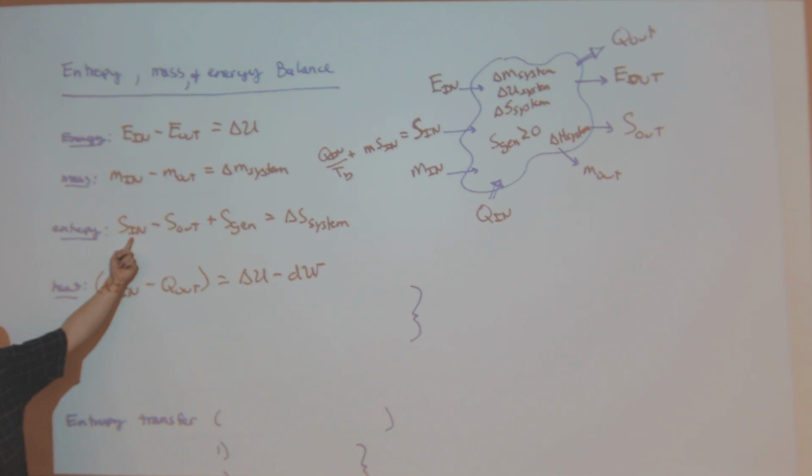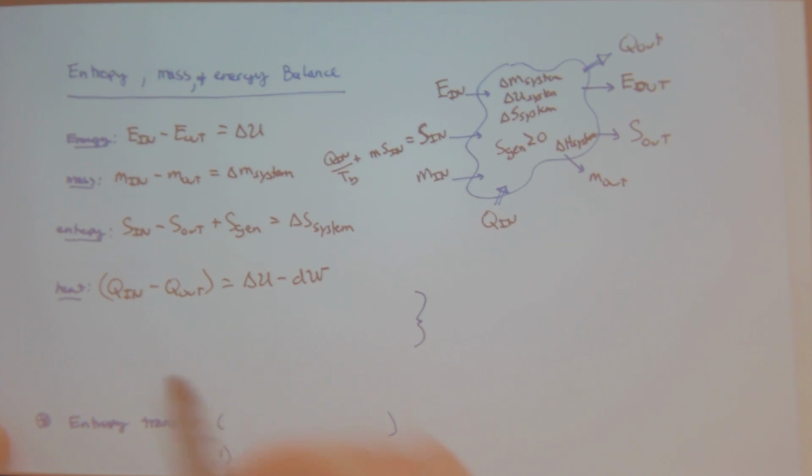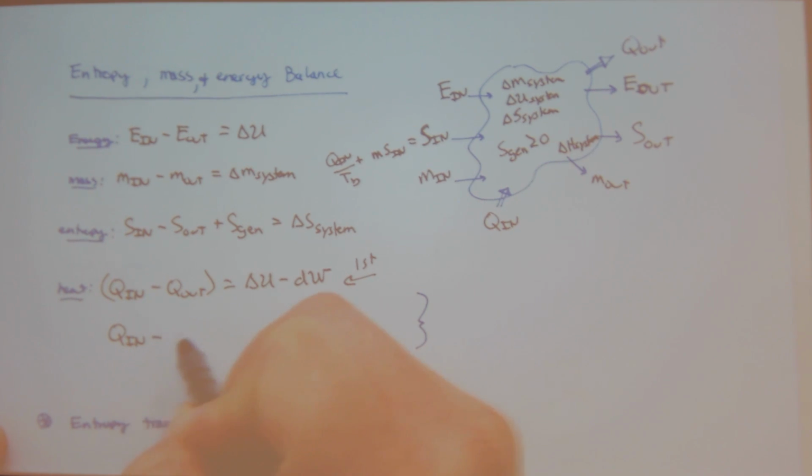Equivalently, I add entropy, I remove entropy. So this is the first law. If I want to do the second law, I have Q in minus Q out equals what? T dS.